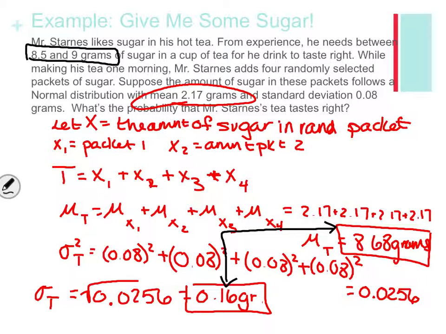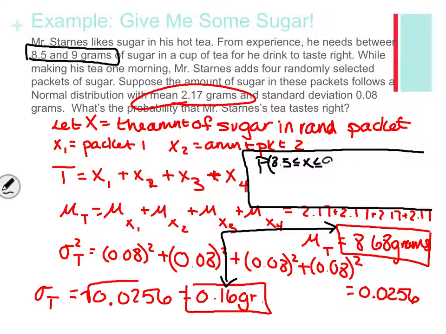So I am looking for the probability that the sugar is between 8.5 and 9 grams. That's where we start to use our calculator.